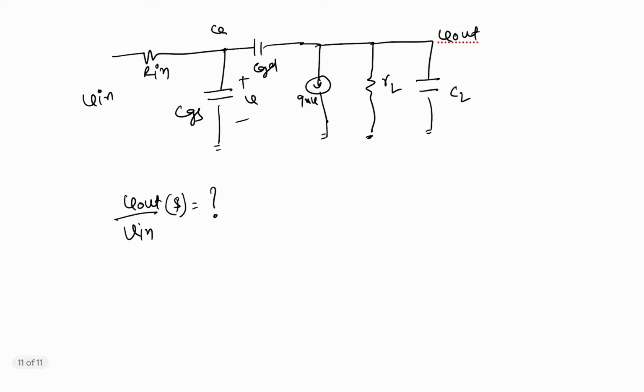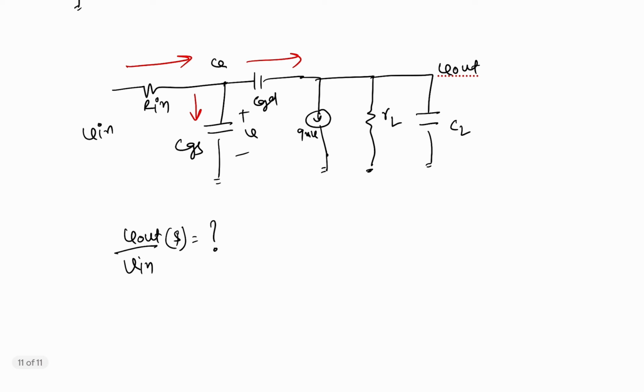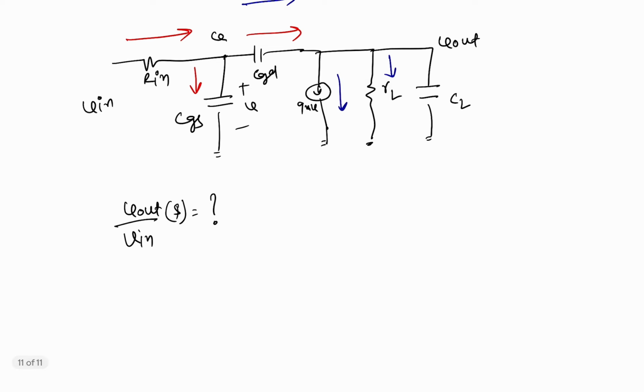The first equation is from this node: the current flowing through this will equal this plus this. For the other equation, this current will be equal to this current plus this current. So these are the two equations.